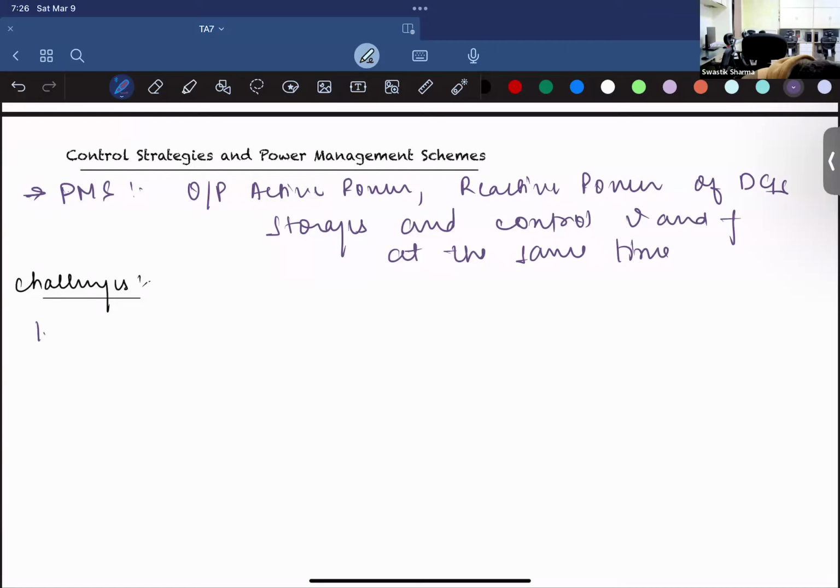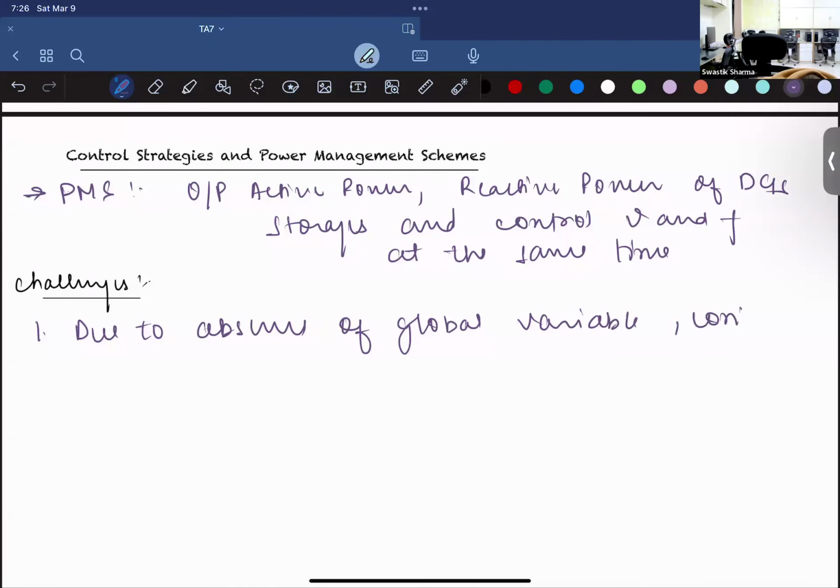So due to the absence of a global variable, controlling AC-DC microgrid is difficult. It's a difficult affair.